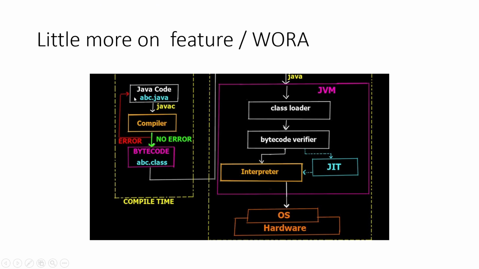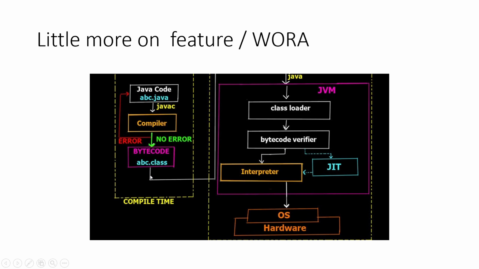This Java code, abc.java, is nothing but our source file. When we furnish this to the Java compiler, using the javac command, and we'll cover how to use this command, the Java compiler takes this source code and converts it to bytecode. That bytecode is the code which is understandable to machines.